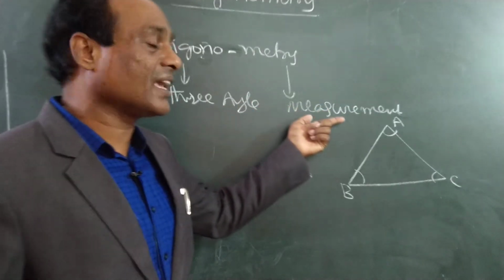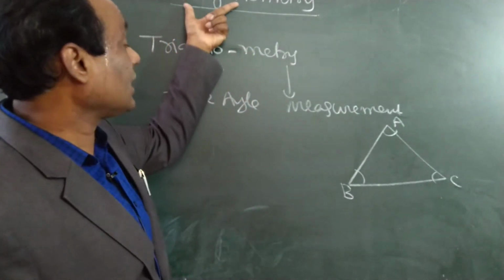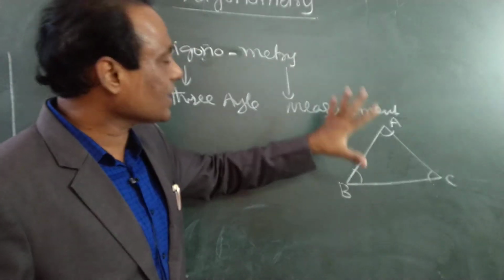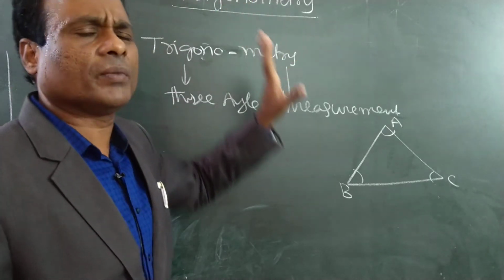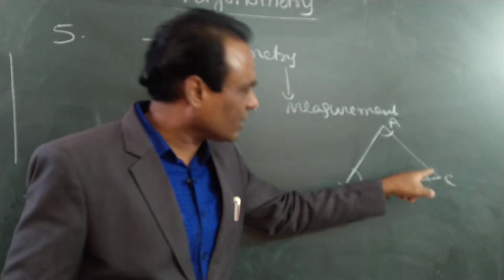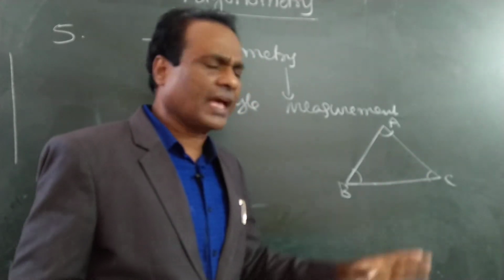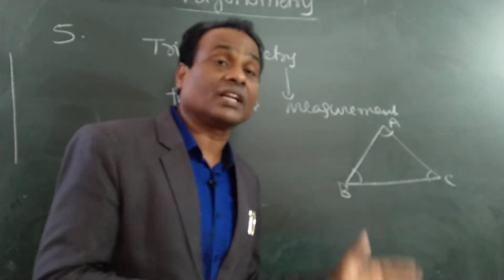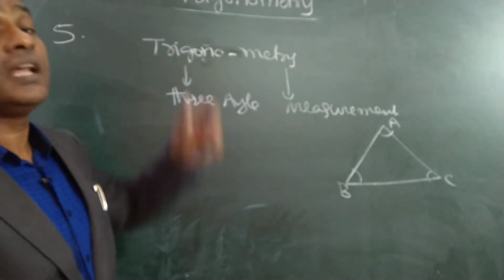We will have a lot of relations between the sides of the triangle, sides and angles, relations between the angles, so many properties and relationships which we are going to study about the triangle. So that chapter is nothing but trigonometry.